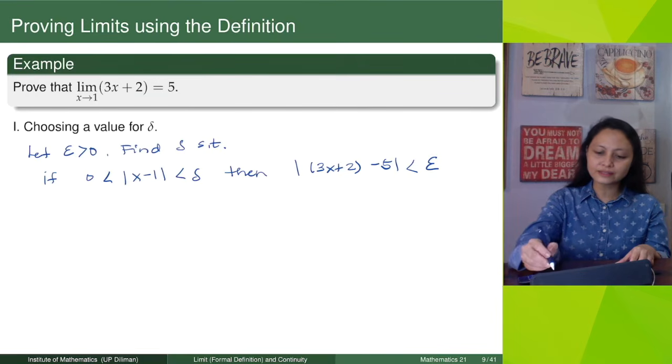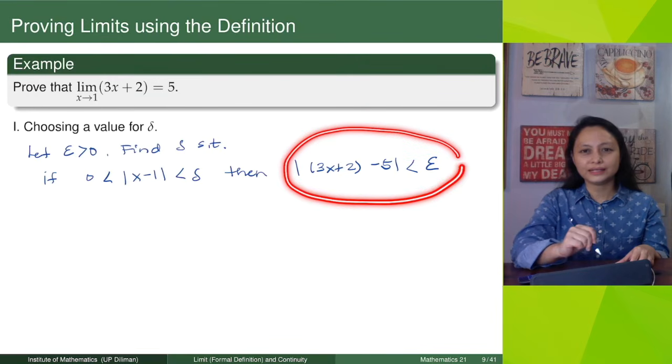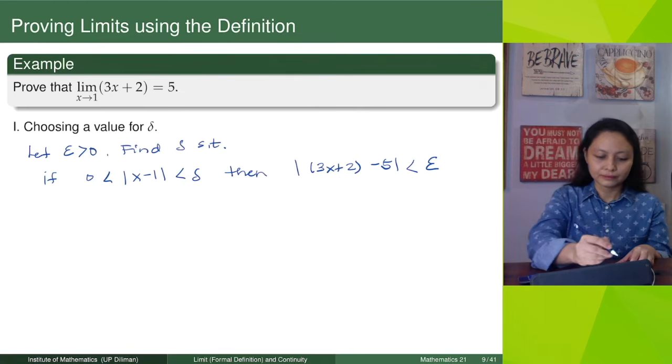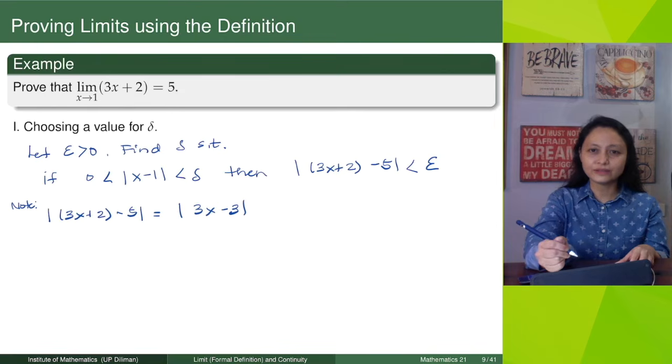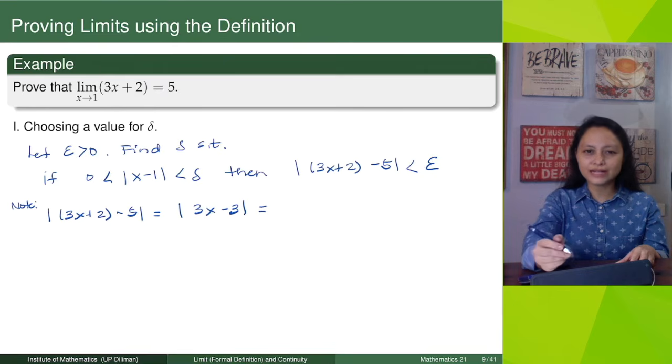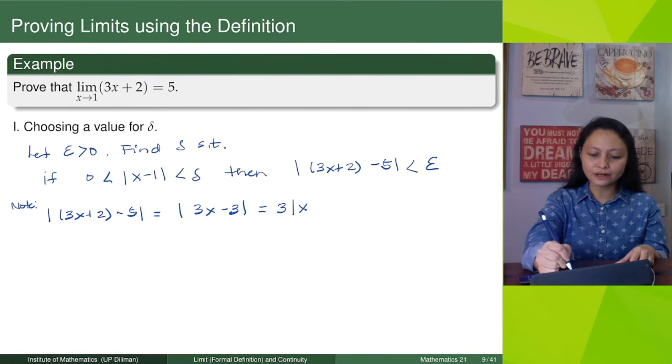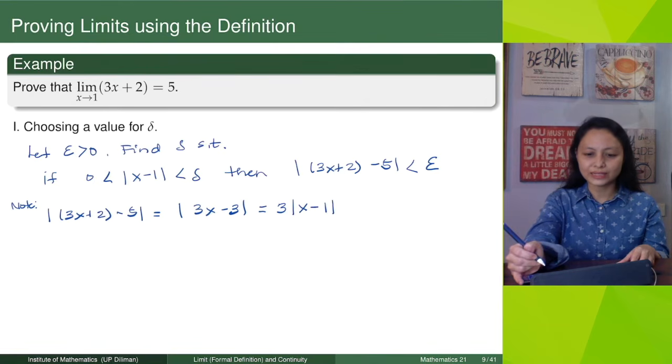Okay, so let's consider this inequality. So the absolute value of 3x plus 2 minus 5, let me just put a note, is equal to the absolute value of 3x minus 3. Correct? Then you can factor out 3. And then the absolute value of 3 is still 3. So 3 times the absolute value of x minus 1.